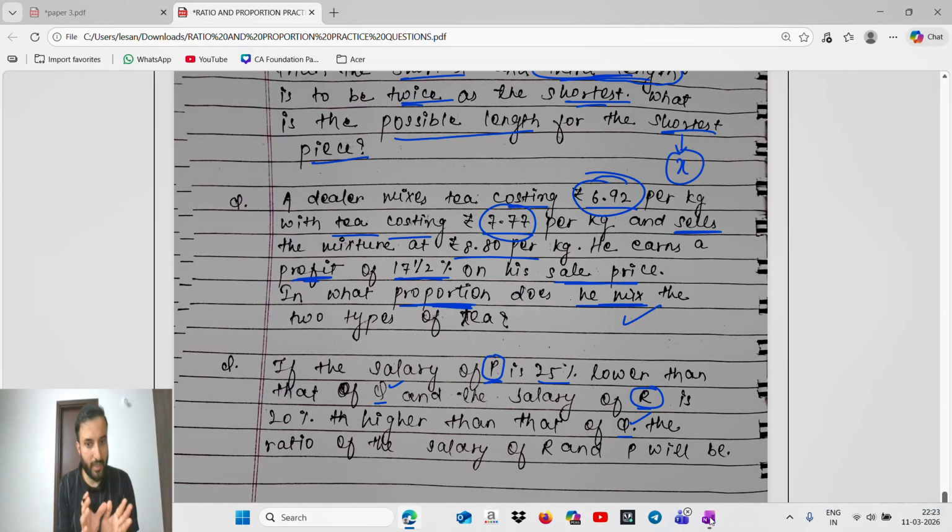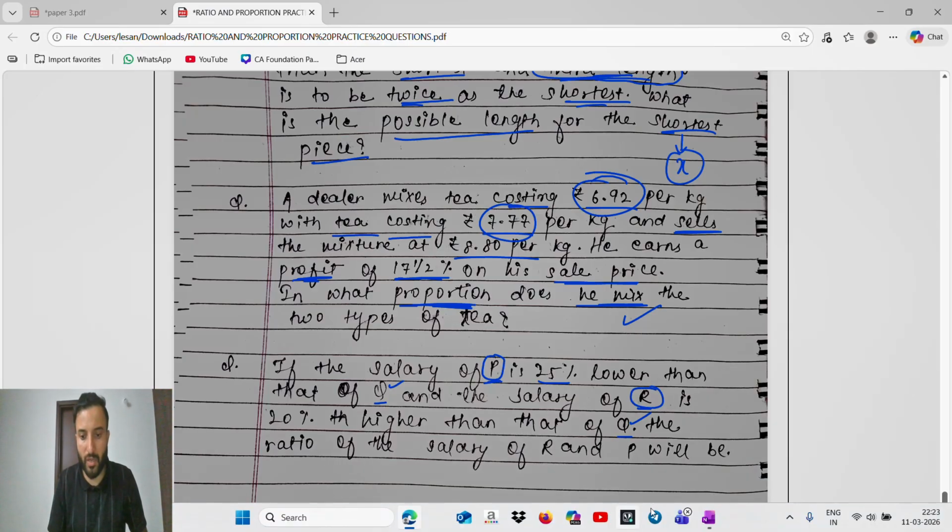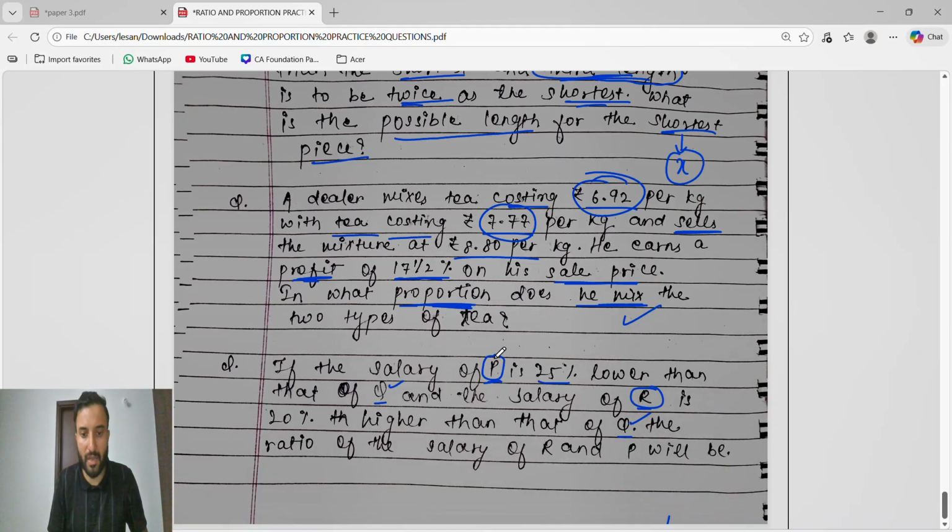Very important and easy thing: they are talking about percentage. Salary of P is 25% lower than Q and salary of R is 20% higher than Q. Remember, whenever they talk in percentage, check it out: salary of P is lower than Q.